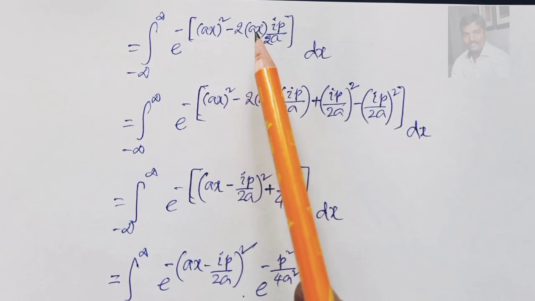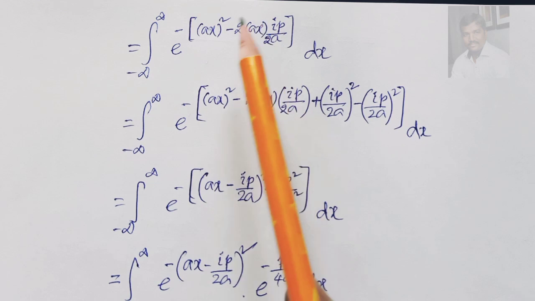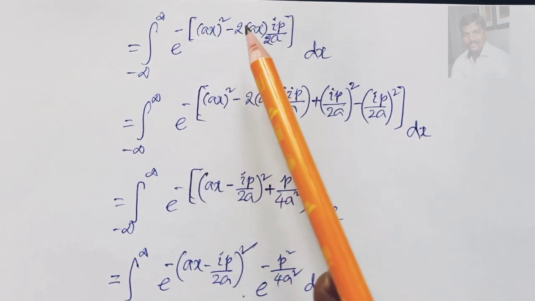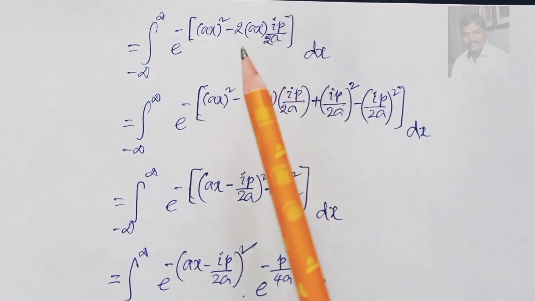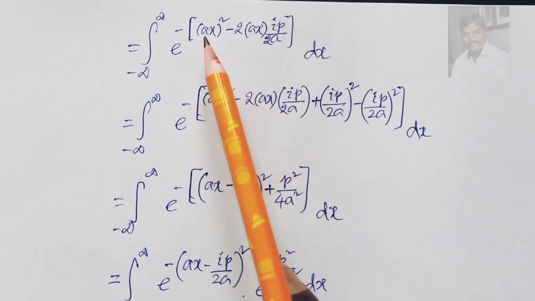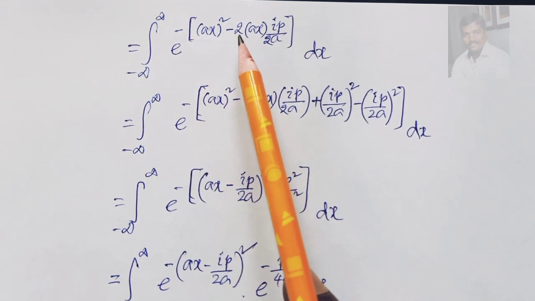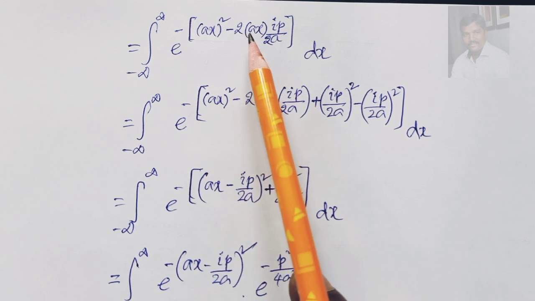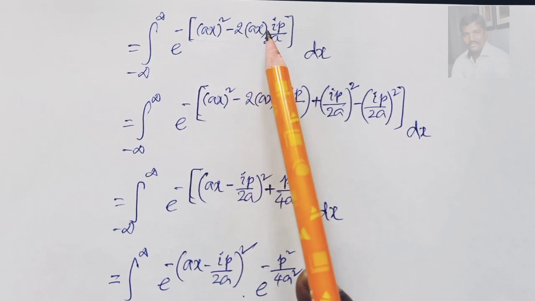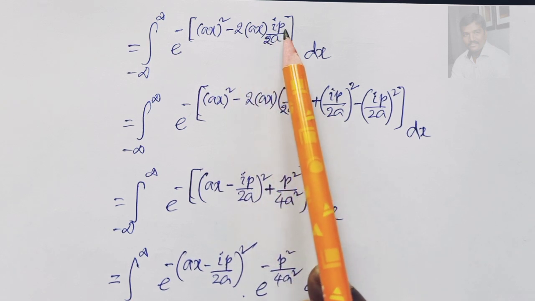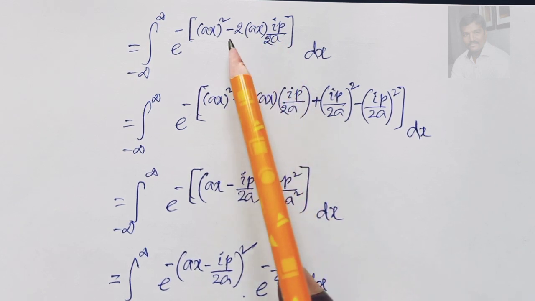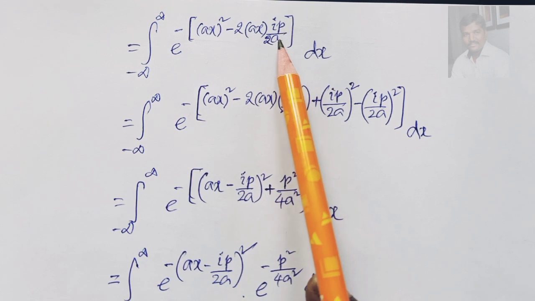I am doing some modification so that I can write this in the format of a minus b whole square.